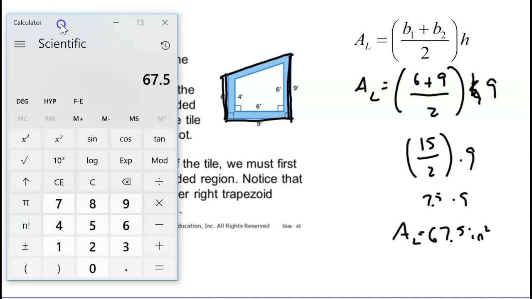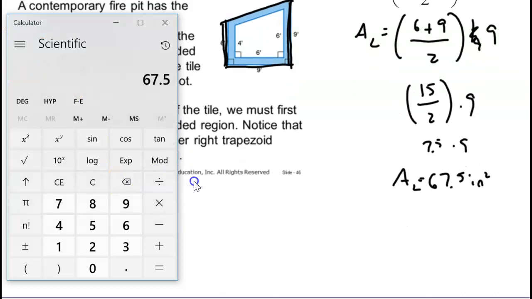So now let's go ahead and look at the smaller polygon. And so I'm going to do this one over here. The area for the smaller, it's the same formula. So base 1 plus base 2 over 2 times the height.